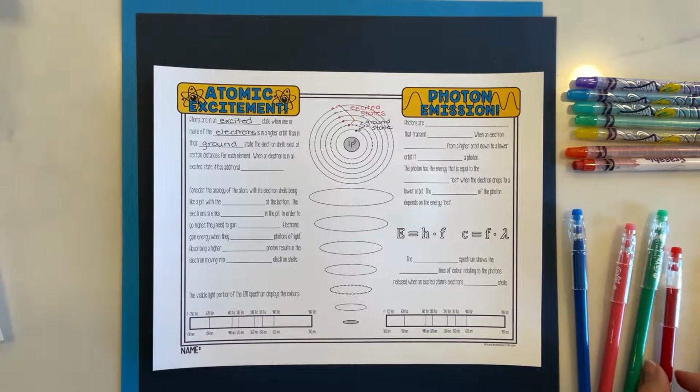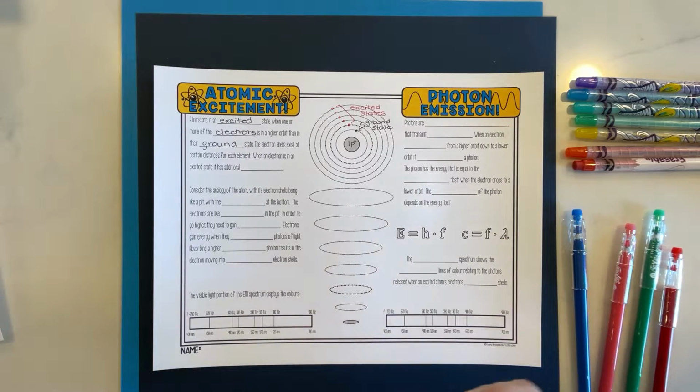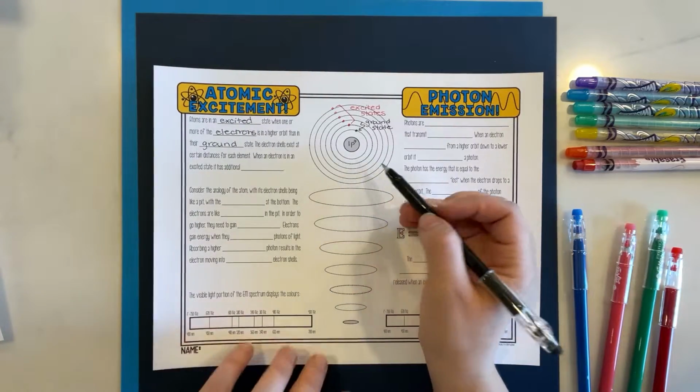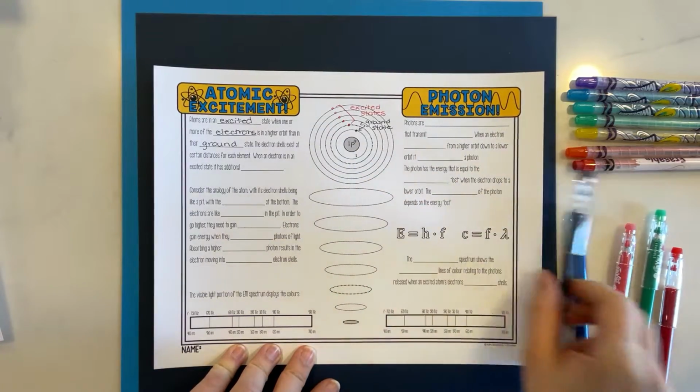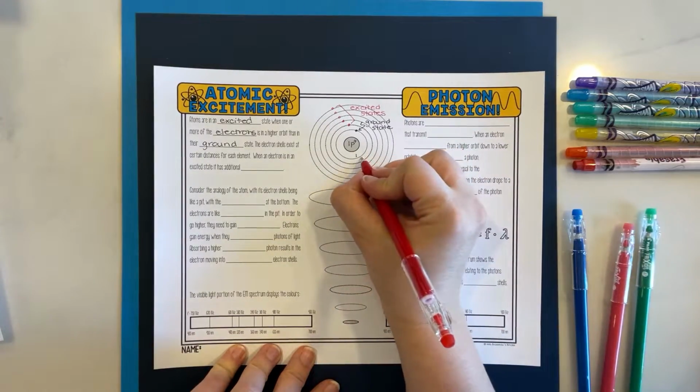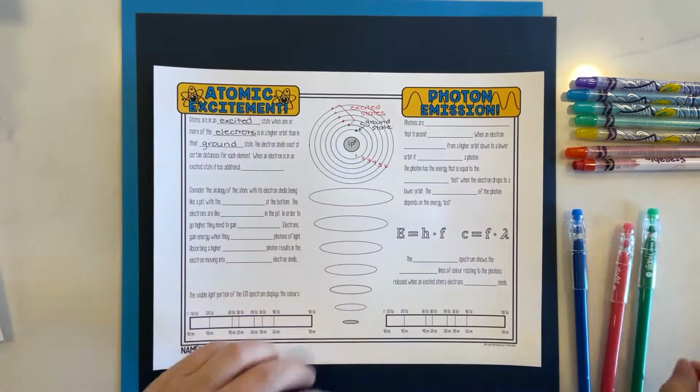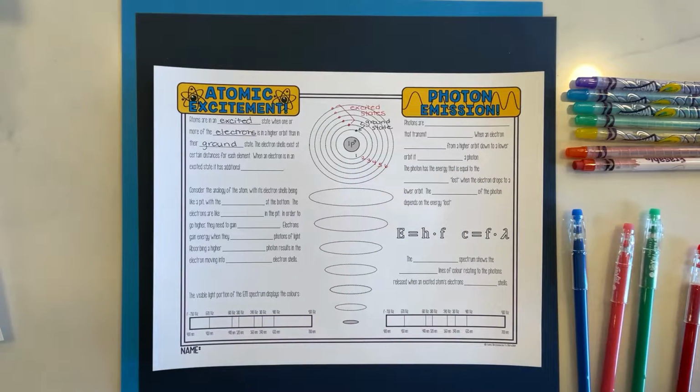So those would be the excited states. And then I would also label for them the different numbers here. So this would be the first shell, and then the second, third, up to the sixth. So this is relating their physics to their chemistry knowledge, and then so far this should be pretty good.